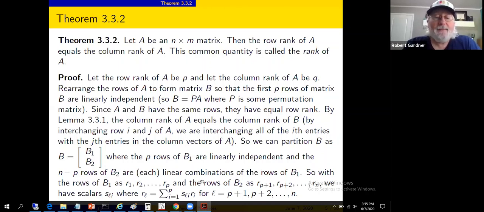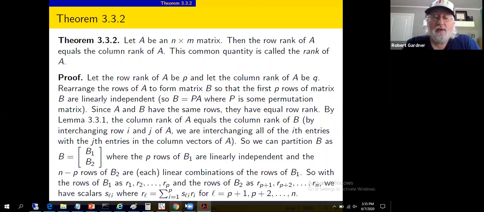All right, so that means if the rows of B1, say, are the row vectors R1 through R sub P, these are row vectors of matrix B1, and the rows of B2 are R sub P plus 1 through R sub N, so consistent notation, then each of these R sub P plus 1 through R sub N is some linear combination of these.